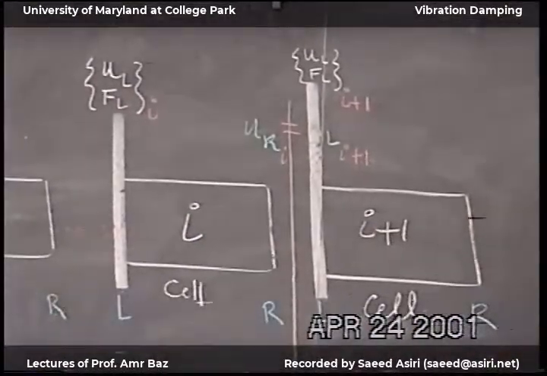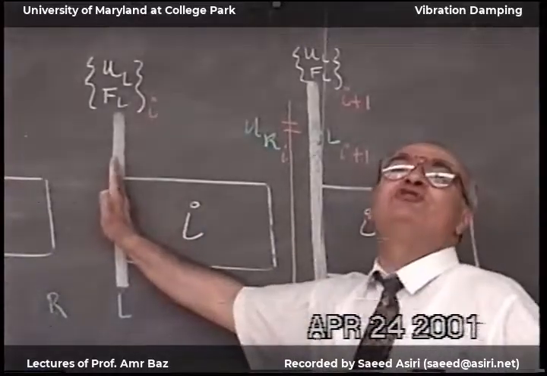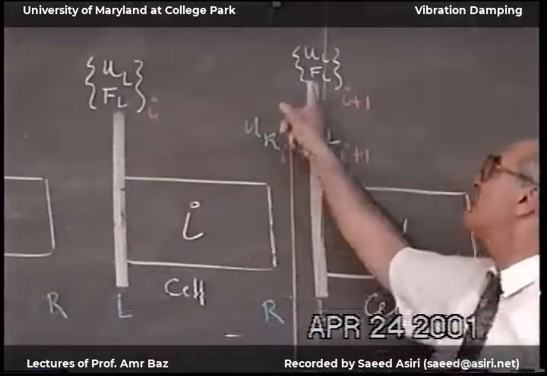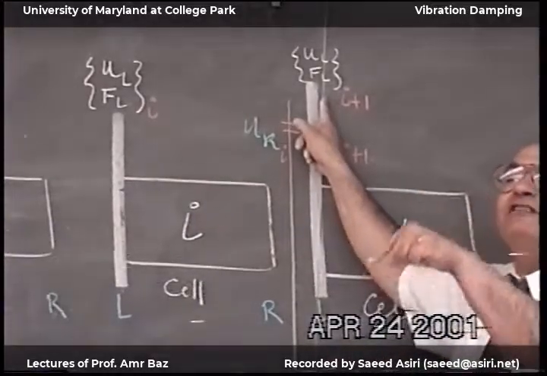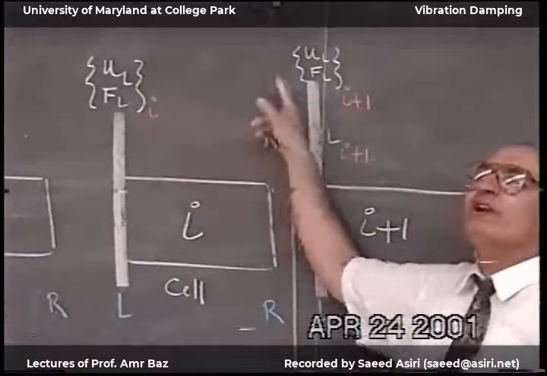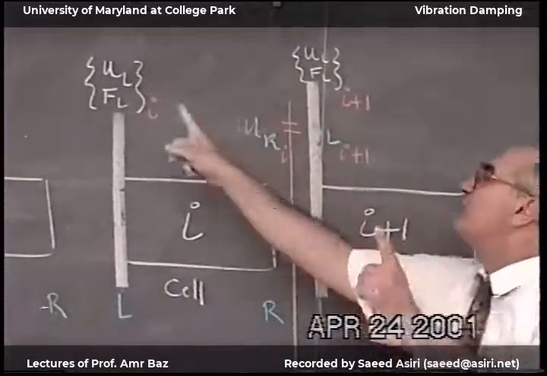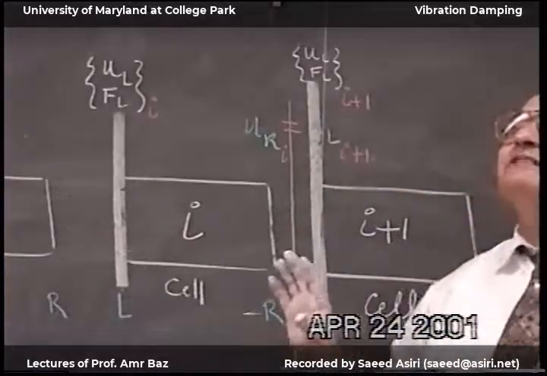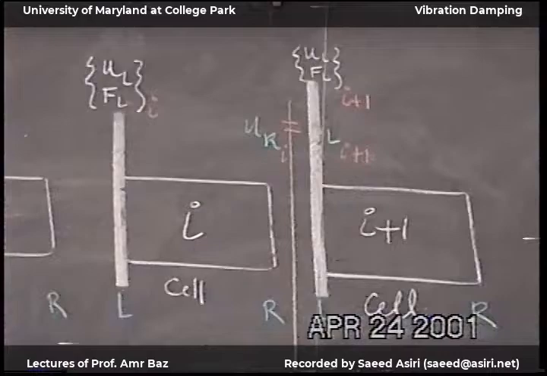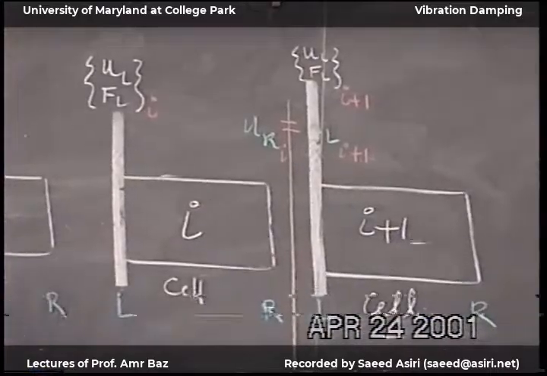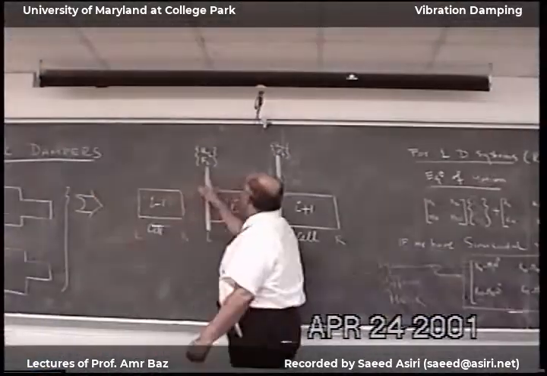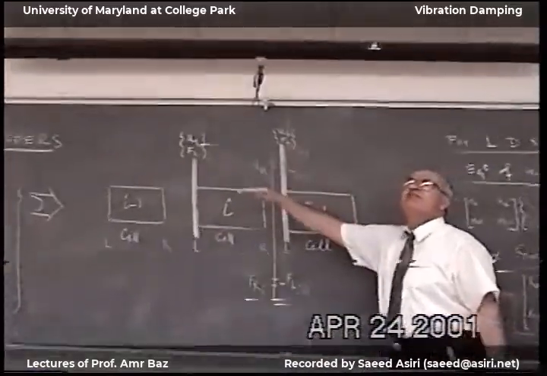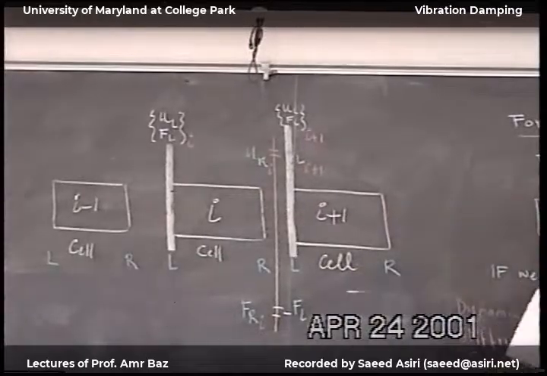Now, if I want vibration to attenuate, this vector has to be greater than this vector. And we will find the condition that will make this vector greater than this vector. If the two vectors are the same, everything that goes in will come out. And you will see this if I have a straight rod and I make the equation of it in this form, you will see that what comes in will equal exactly what comes out. So everything will propagate.